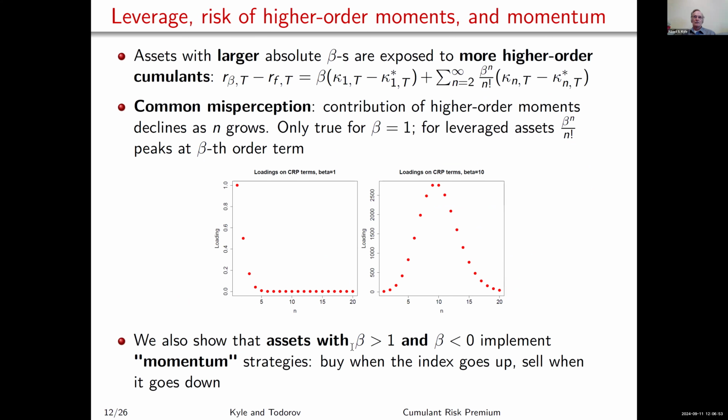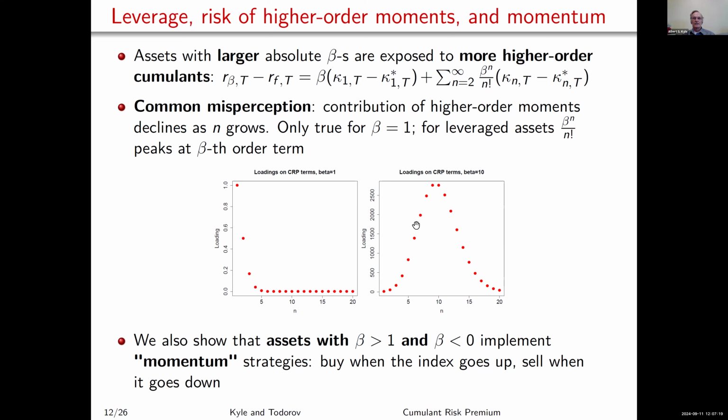Okay, so the larger the absolute value of beta, the more exposure you get to the higher order cumulants. That's because in this expansion that I've shown you previously, you've got beta to the nth power. So if you've got leverage at 10 to 1, it winds up being really huge. This is the same picture that I showed you in the introductory slides: if it's an unlevered asset, these high order cumulants die out really fast.